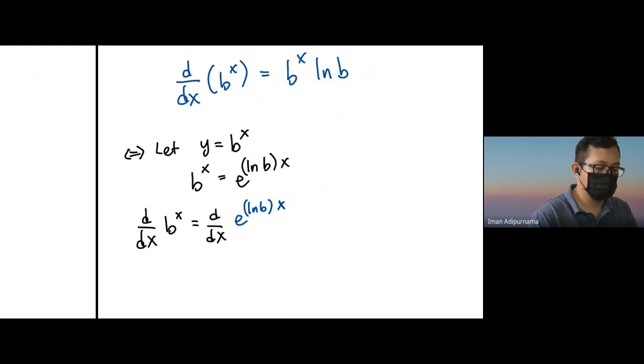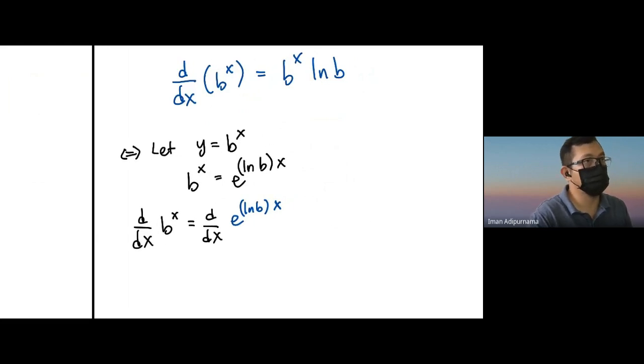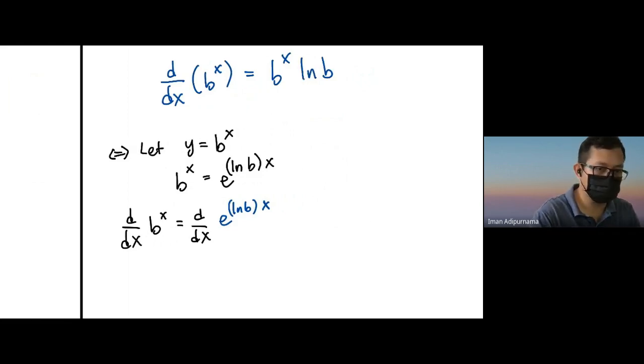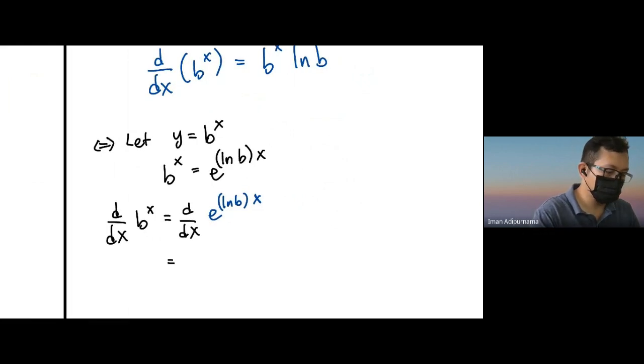Previously, I used the limit definition of e, right? So this is doing it a little bit differently, but it's still the same way. So this will be e^(x ln b), and then d/dx of the exponent itself.